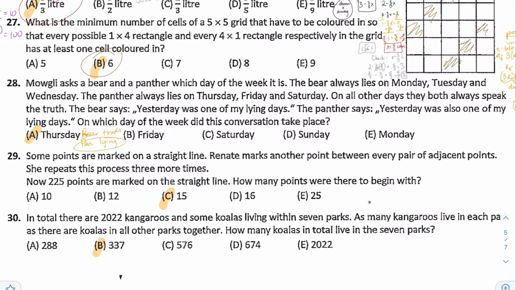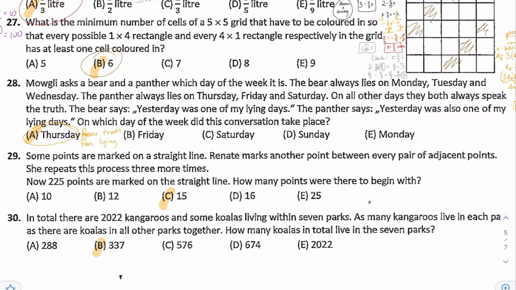Now the panther is lying today, and the panther is saying yesterday was also one of my lying days, and the panther is lying in this case because yesterday was Wednesday, and on Wednesday the panther tells the truth. So both of these are consistent for Thursday, so that would be the answer. You just have to go through all the choices and see which one would make sense.